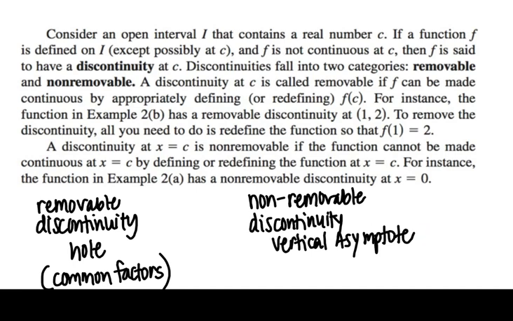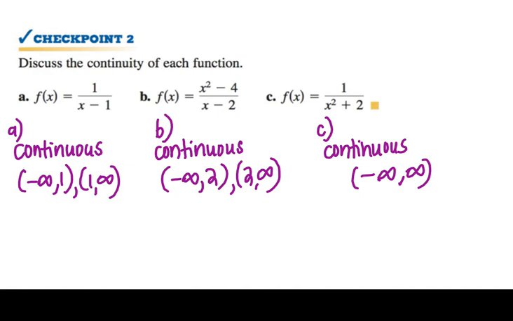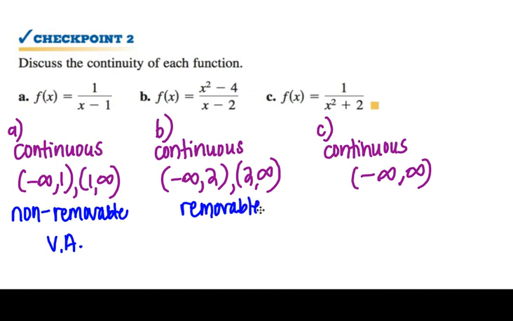So I'm going to come back here real quick, and we're going to identify these. Number one would be non-removable. So in this graph, you would have a vertical asymptote. In the next graph, this would be a removable because the x minus 2 cancels out. So that's removable discontinuity at x equals 2.